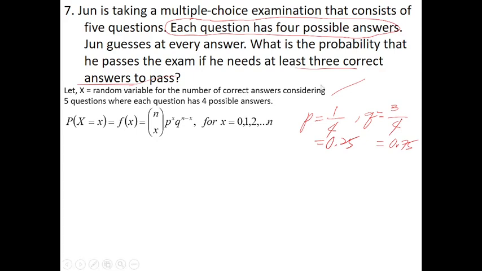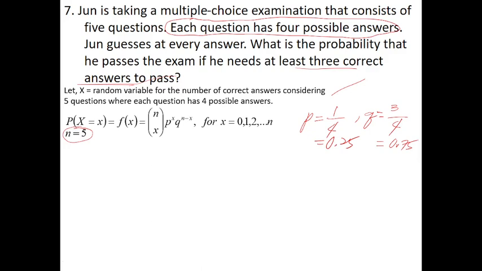There are 5 questions, so we consider n equals 5. The maximum number of correct answers is 5, right? Because it is at least 3 correct answers. So therefore, n is equal to 5, the maximum number of correct answers.